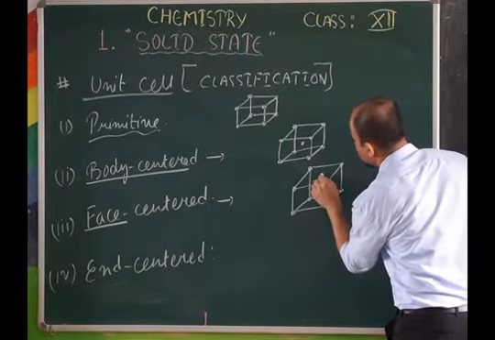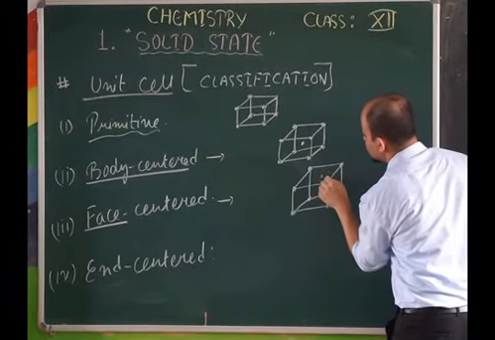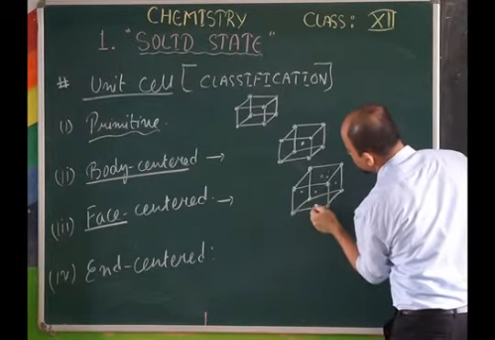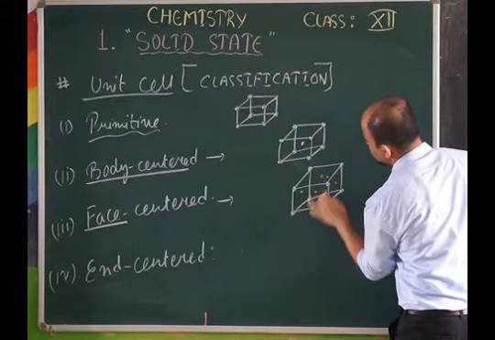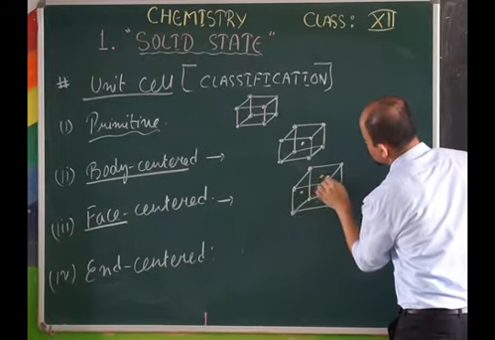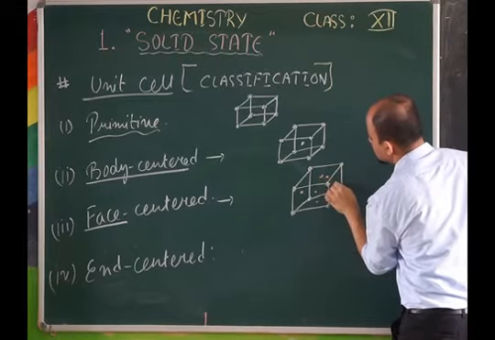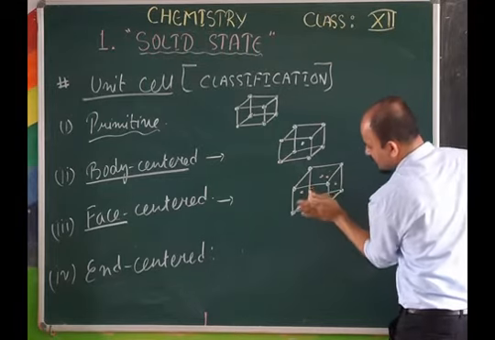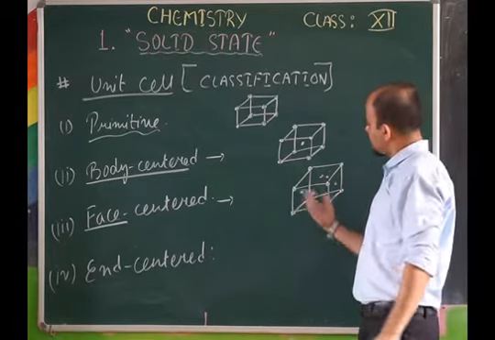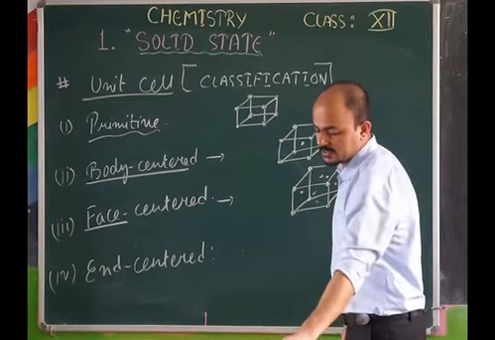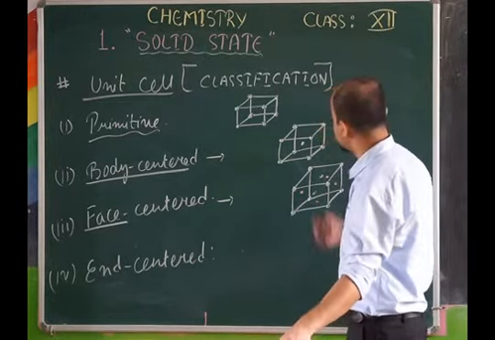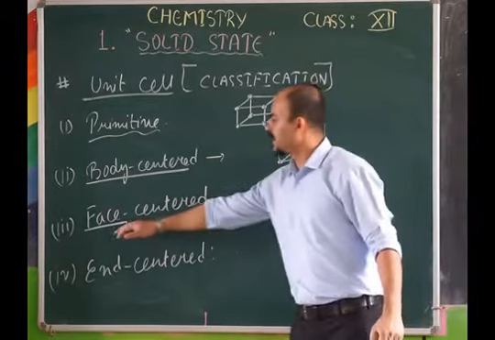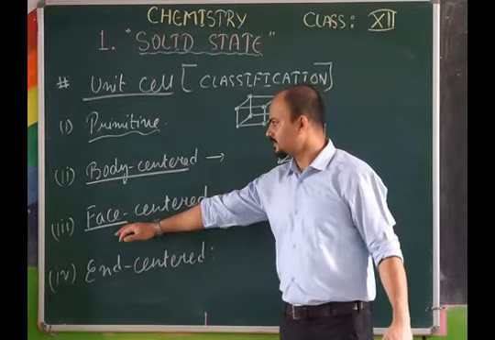That means one above here, the other that side, center somewhere here, 2, 3, 4, 5, and one is below, 6. So how many atoms are present? 6 atoms are present at the center of the faces, along with the atoms at the corners. That gives you the face-centered unit cell.